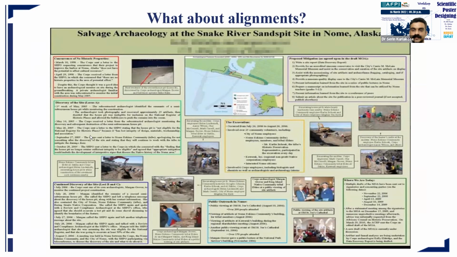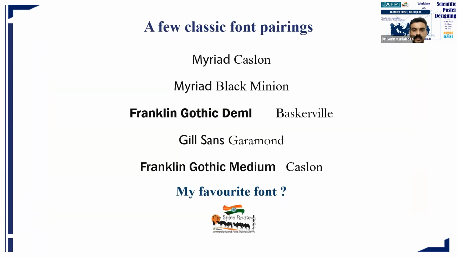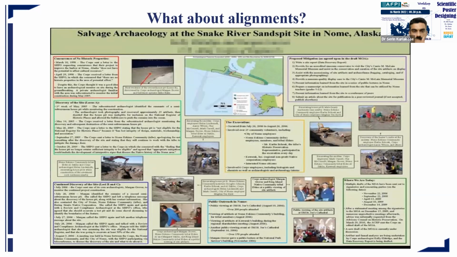So all those things are there. Alignment is not correct. We don't know where to start, where to end, which direction we should go. In posters we can create columns, or we can go left to right, or in the shape of Z.